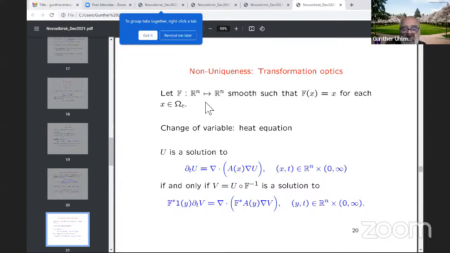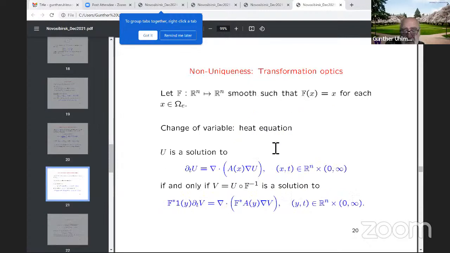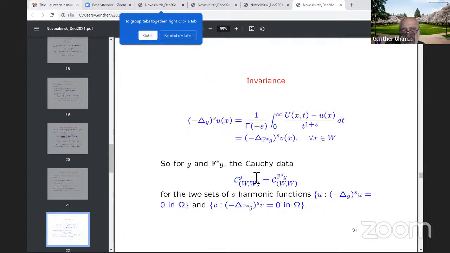You take a smooth map that is the identity in the exterior. If you change variables for the heat equation, then you're going to get a new heat equation with the new coefficient being what's called the push forward of this matrix A. You take, for instance, the fractional Laplacian, you take what's called the push forward of this, which can be obtained just using the chain rule, like when you change variables in the equation.